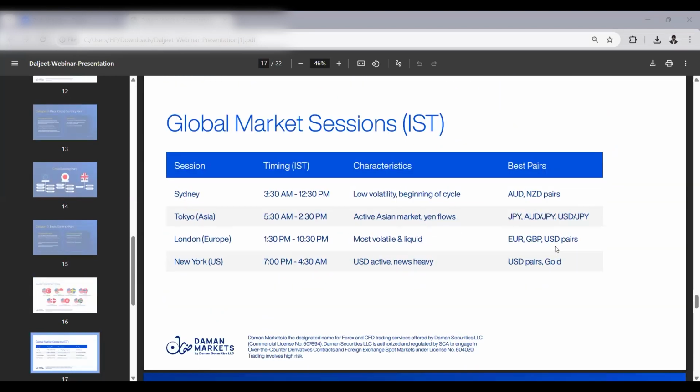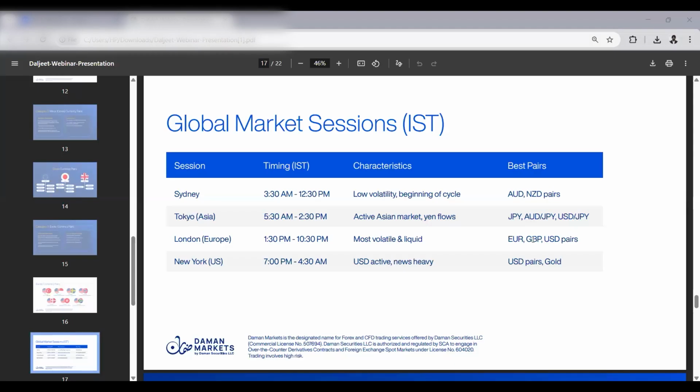Okay. As we said, the market has 24 by 5 availability, so basically the global market sessions. Why is it 24? Because there are multiple zones that open. All timings are in Indian Standard Time. The first session of the global market starts at 3:30 a.m. and runs till 12:30 p.m. It is called the Sydney session.